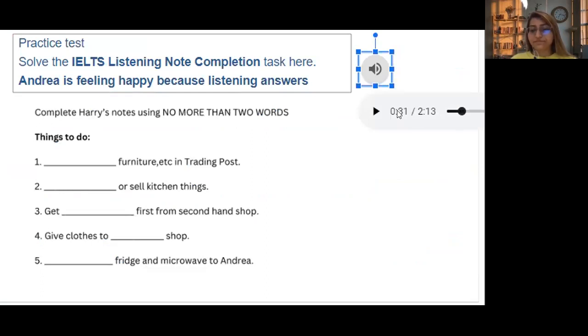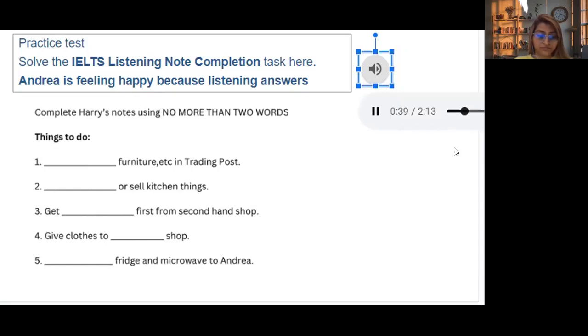Okay. Do you know that paper? It comes out every advertising. Do you know that? Another alternative is to put an advertisement in the trading post. Do you know that paper? It comes out every week advertising things people want to sell.